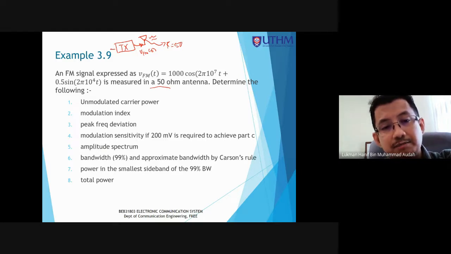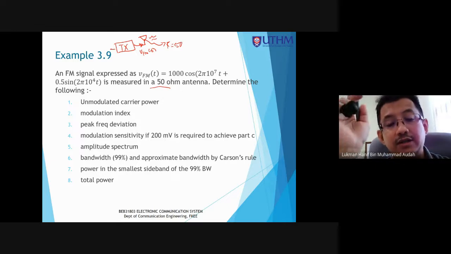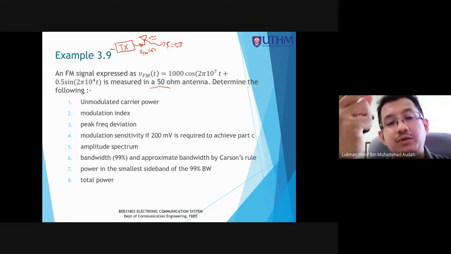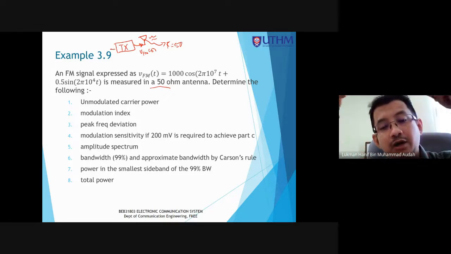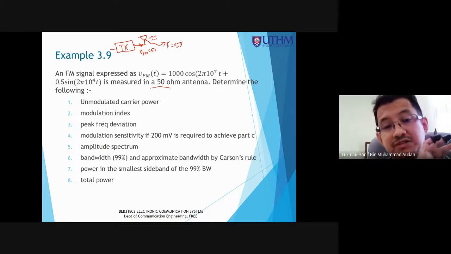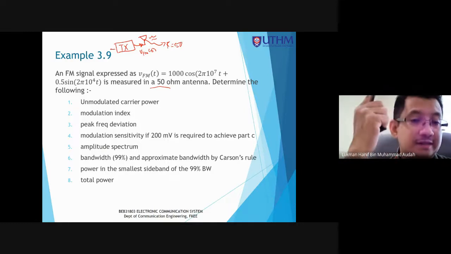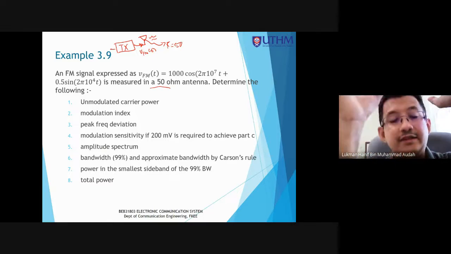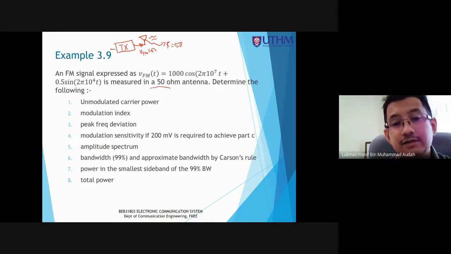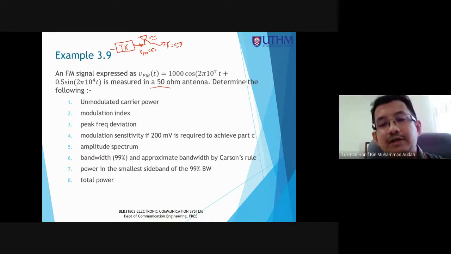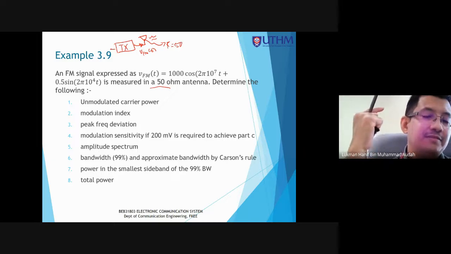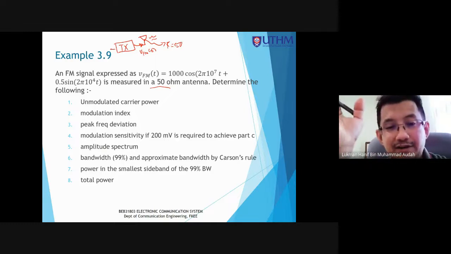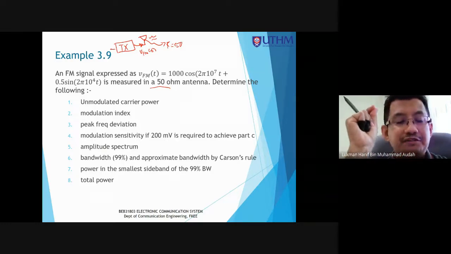Normally when we mention the total power, it is the total power at the antenna, the total power that we supply to the antenna. What happens after the antenna, that one you will learn in chapter 5.